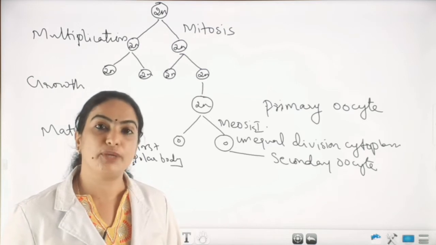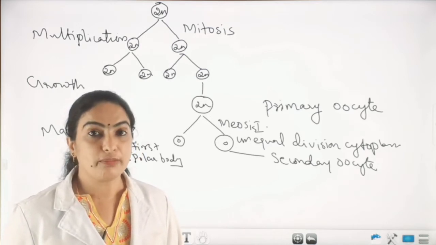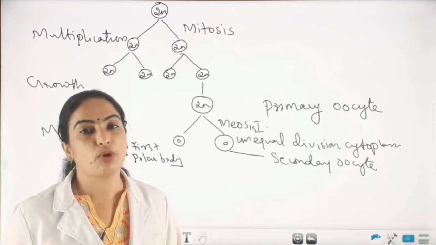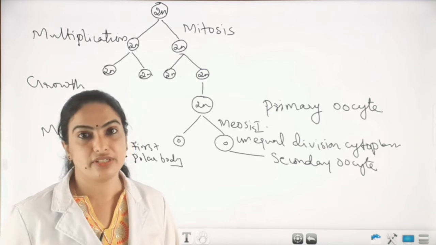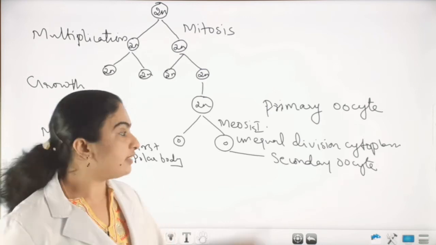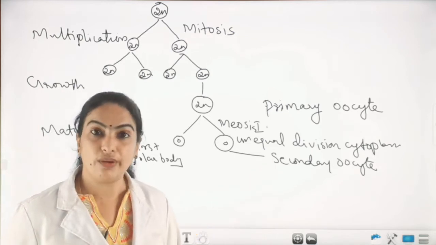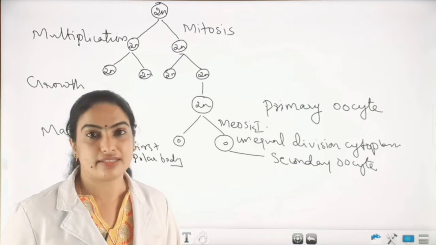In which stage of meiosis 1 is it arrested? Prophase 1. The diplotene stage of prophase 1 of meiosis 1 is temporarily arrested. When the sperm enters into the fallopian tube only, the secondary oocyte undergoes second meiotic division. Till then, it is temporarily arrested. Is it clear?